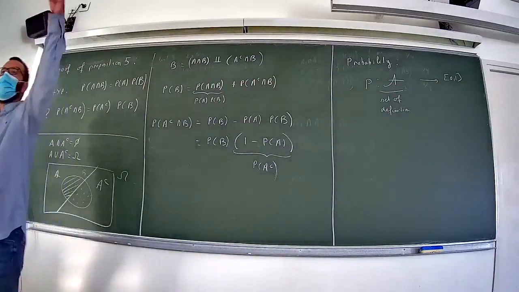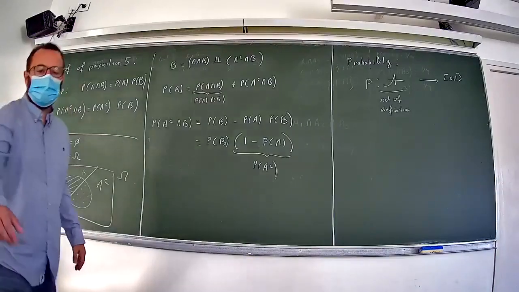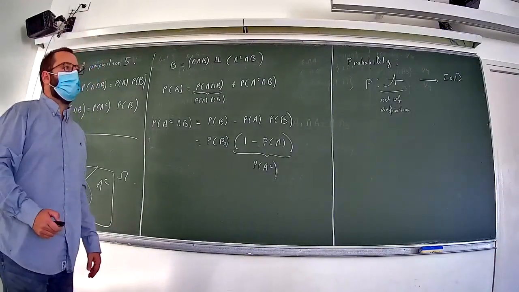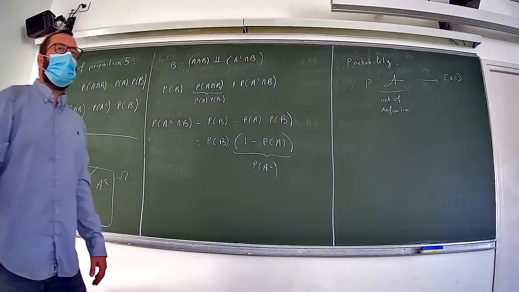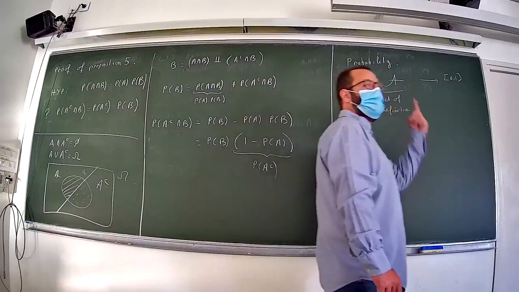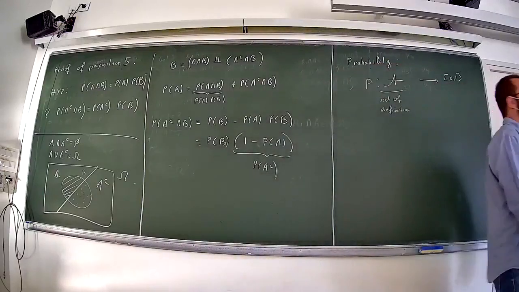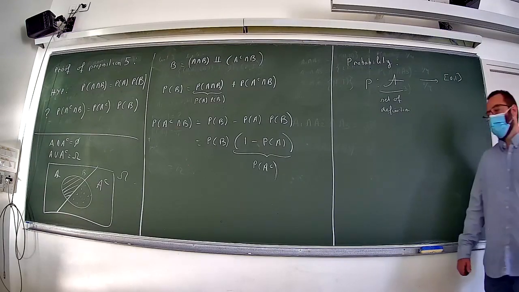And it fulfills 2 hypotheses, I remind you: P of the universe is 1, and for any sequence of pairwise disjoint sets, the probability of the union is equal to the sum of the probabilities. Definition of a probability.